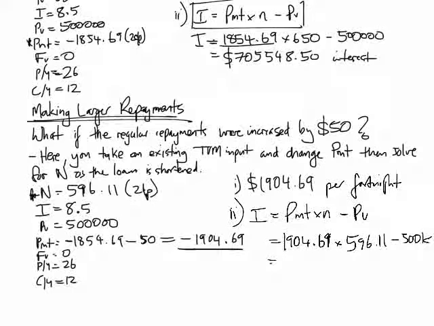500,000 here. So go to the calculator. 1904.69 times by 596.11. That comes to $1,135,404.76 in total payments, minus the $500,000 principal.